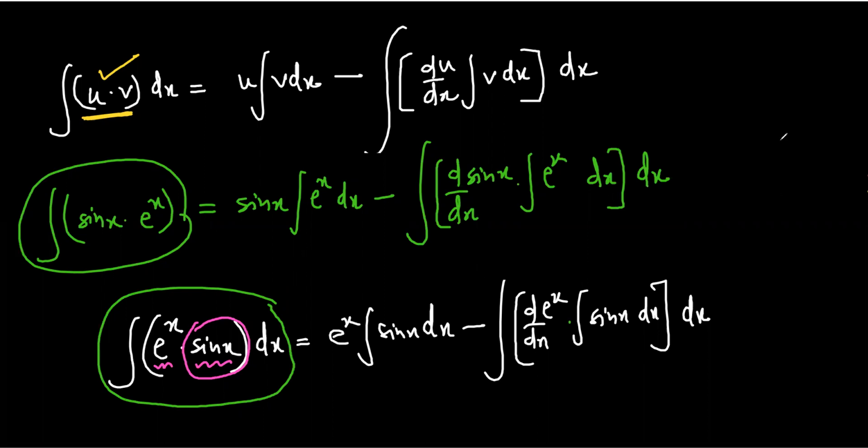So the question here is, how do I know which one of these is proper? Which one of these should I go ahead with? For this, there is a priority code which we are going to see.